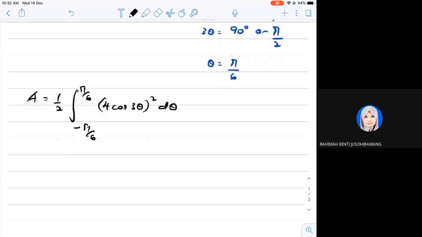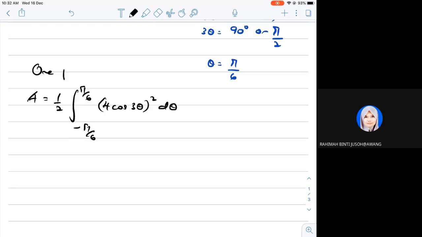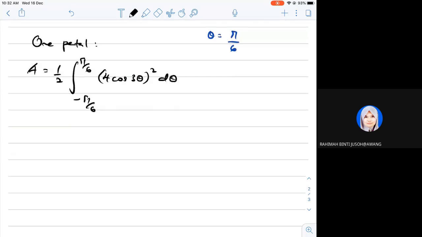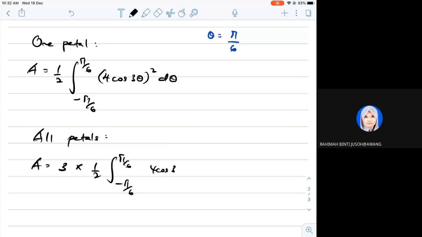So what you should do, you have to multiply this by 3, because this is for one petal. So for all petals, A equals to 3 petals times 1 over 2 integration from negative pi over 6 until pi over 6 of (4 cos 3 theta) squared d theta.